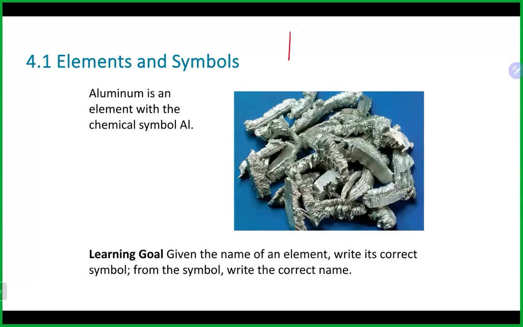So if you had, like I wrote earlier, potassium, which is K, you always capitalize the single letter by itself. Now, if you have a 2-letter symbol, which is the other symbol combination, we always capitalize the first letter, but not the second. Like we have here with aluminum, we would have a capital A and a lowercase l. So when you write the symbols, it's really important to follow those rules.